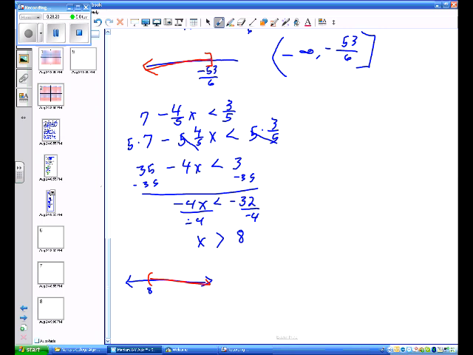So we're talking about everything that's to the right of 8. If we write that in interval notation, it's going to be 8 to positive infinity. And this way, our interval notation looks like our graph and makes it a little bit easier to transfer it one to the other.